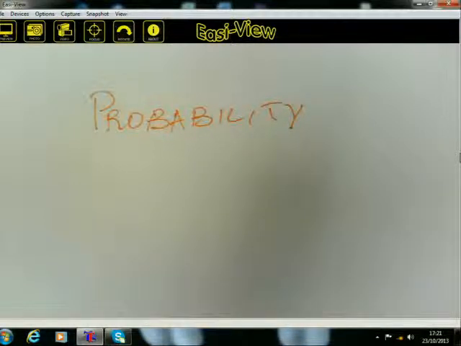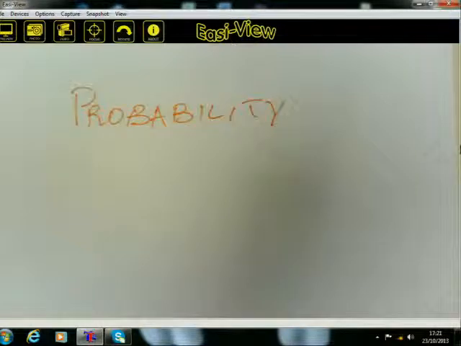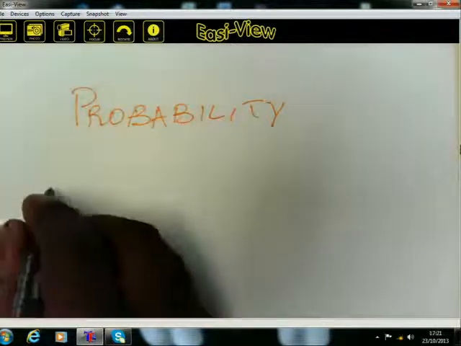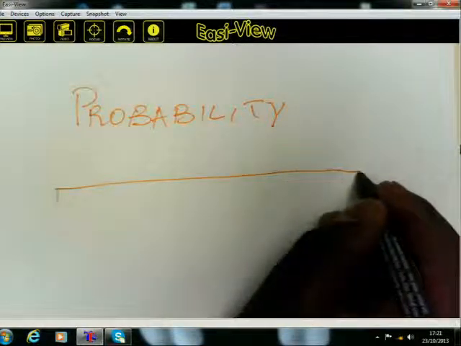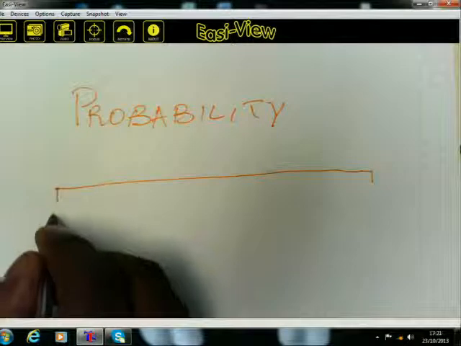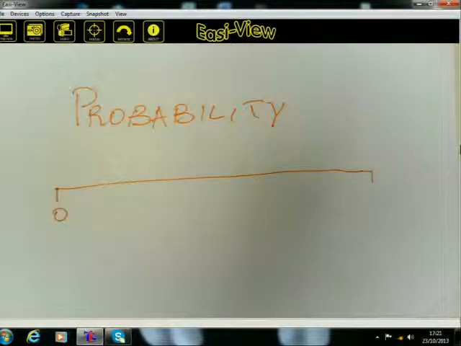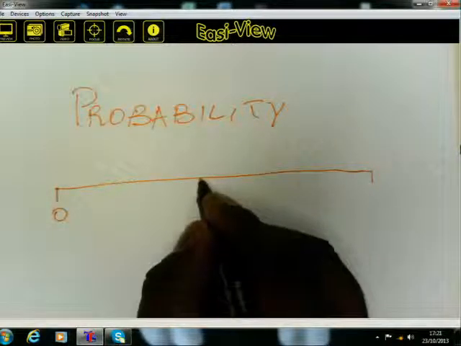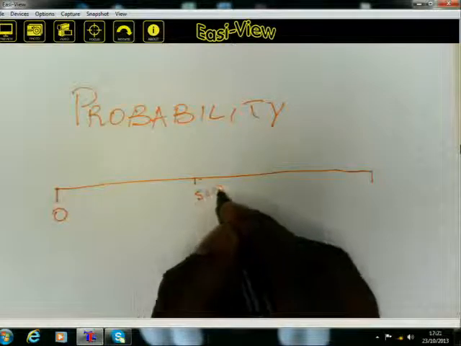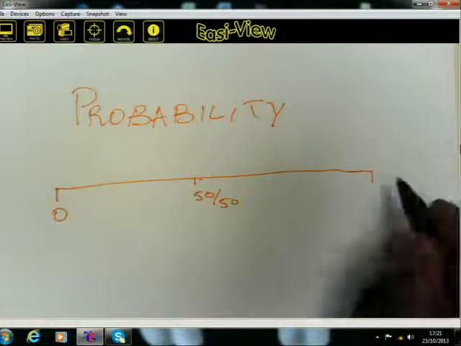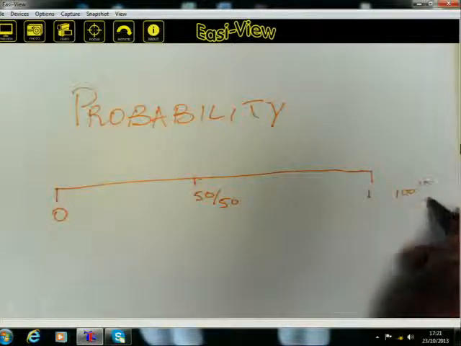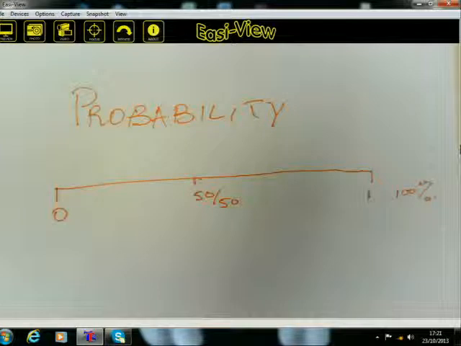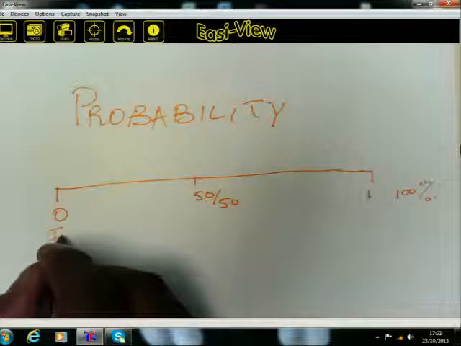If you remember from grade 10, let me remind you, the probability scale was like this. It is 0 here. And then here, it's 50-50. That's half. And here it's 1, or 100%. You remember that? 0, it's impossible.